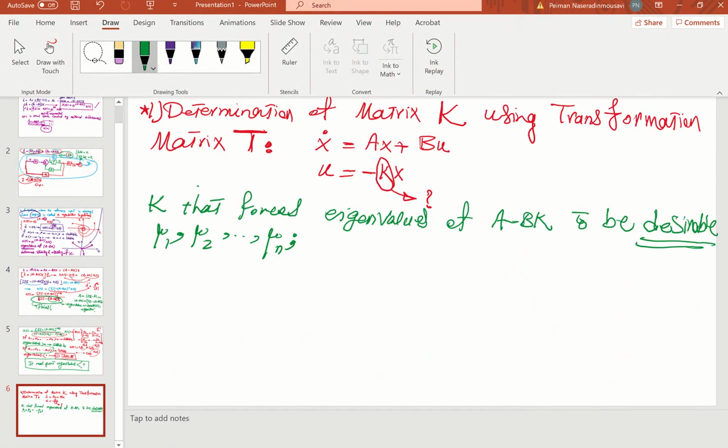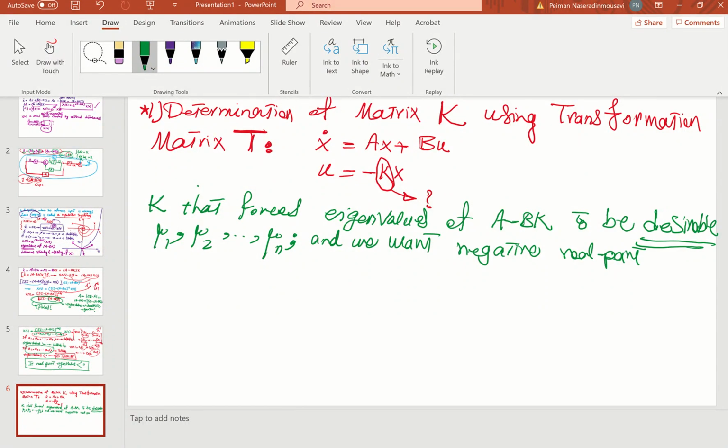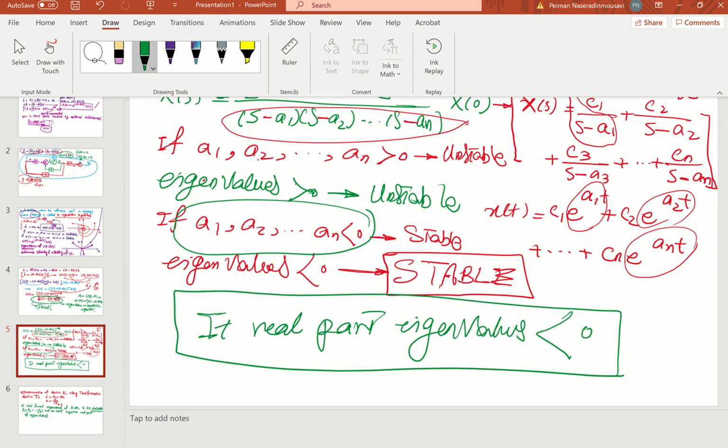So, and we want a negative real part of eigenvalues.